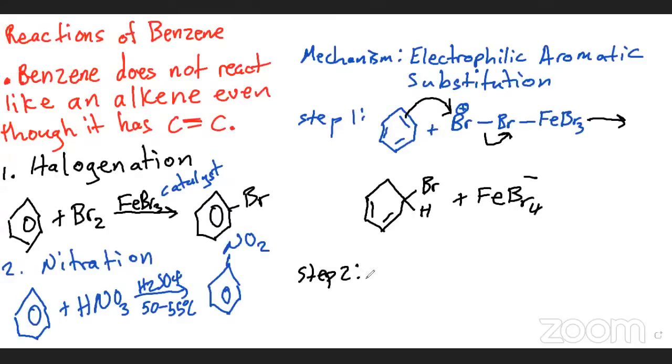In step 2, let's put back everything as is. Double bond is here. Double bond is here. Br is here. And the hydrogen is here.